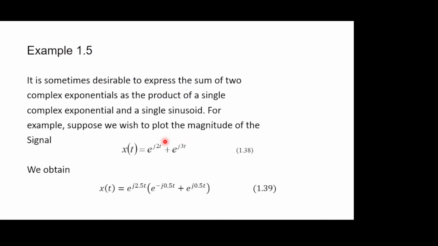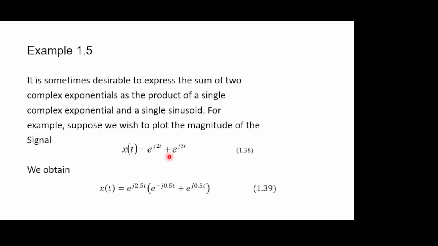And the other thing we want to show here is you have a function like this. Then we can write it in terms of sine and cosine to make an easier plot of this.